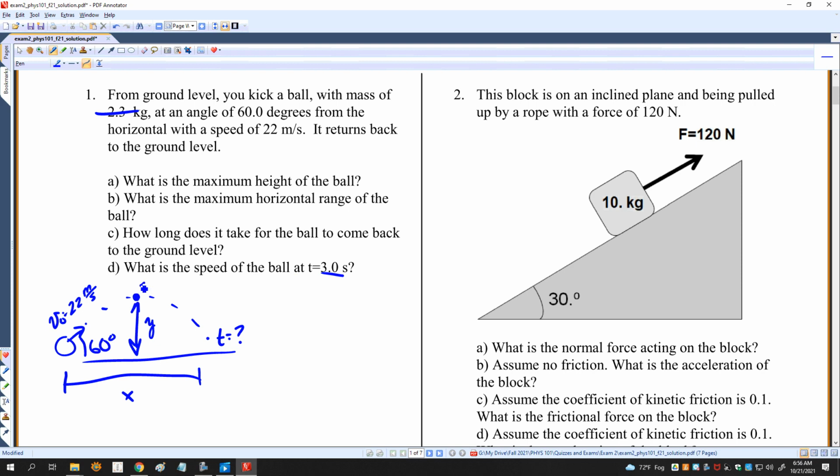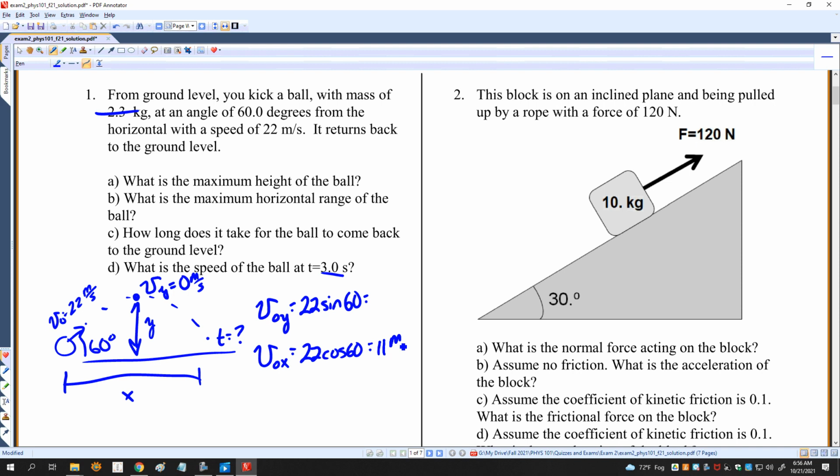Now, remember, I know that v in the y direction at the top is equal to 0 meters per second. Before we start, let's go ahead and find out what are the x and y components for this. This is going to be v naught sine of theta, 22 sine of the angle, which is 60 degrees, and then this is going to be 22 cosine of 60 degrees.